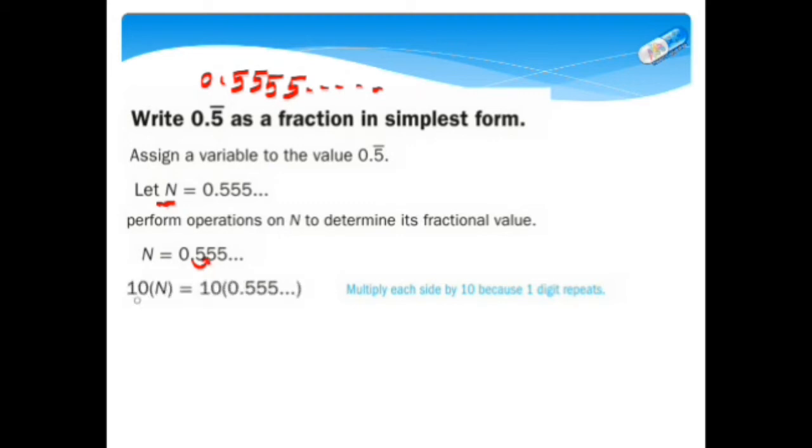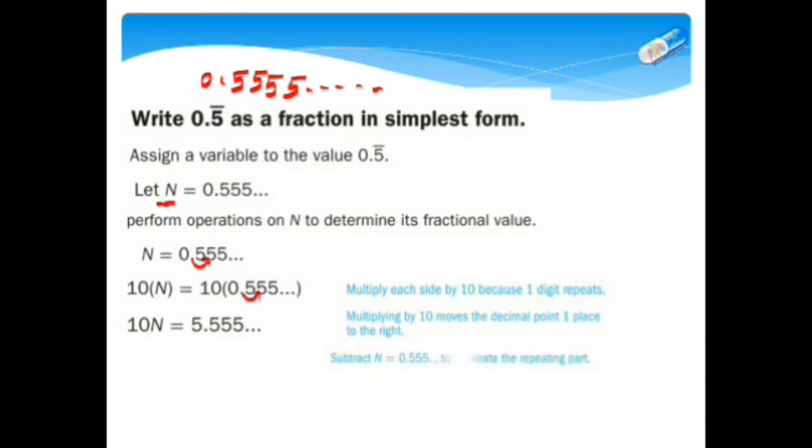So it will be 10 times n, or 10n equals 10 times 0.555. And of course, multiplying by 10 moves the decimal point one place to the right. So it's 5.555. So this means that 10n equals 5.555. Still, we have a lot of 5 repeating here. We want to eliminate it.